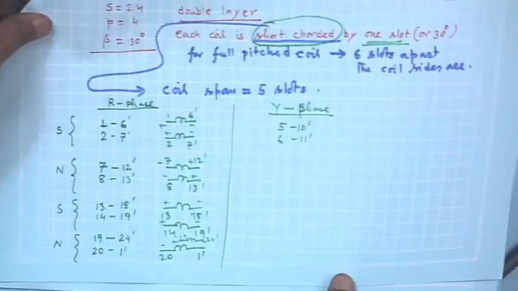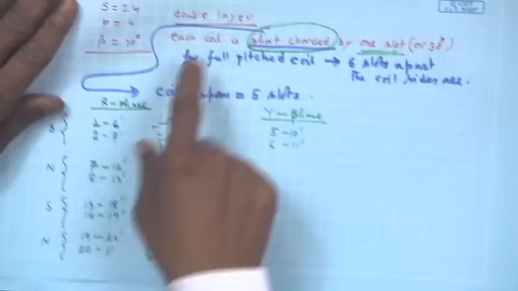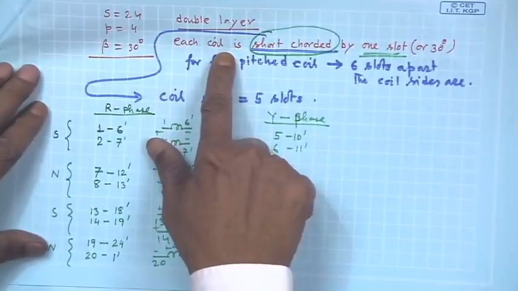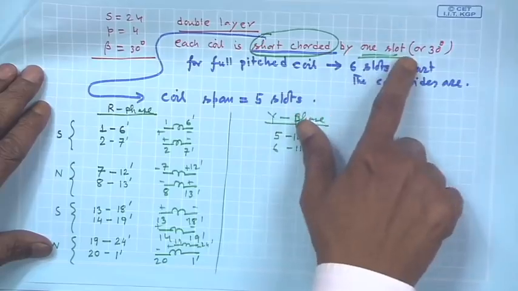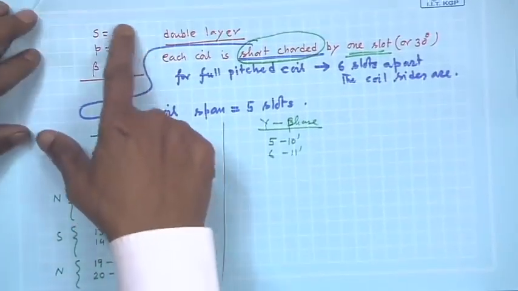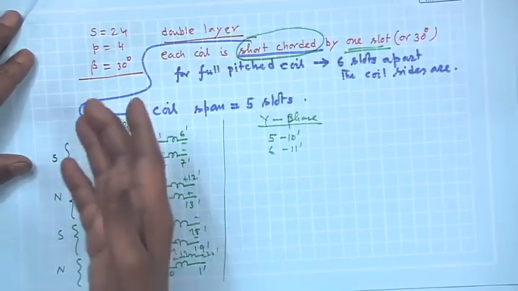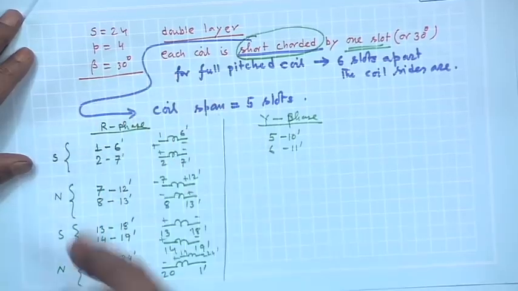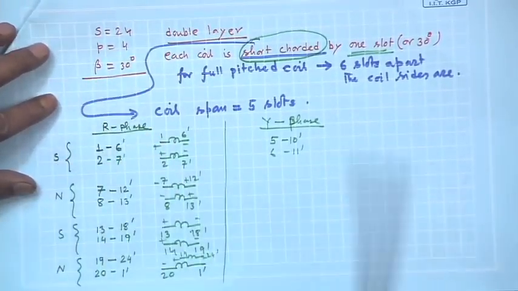So, last time the problem I was discussing was I want to make a double layer winding, but this time each coil will be short chorded by say 1 slot. The specification is total number of slots 24, number of poles 4, and electrical angle between two consecutive slots beta equal to 30 degree.